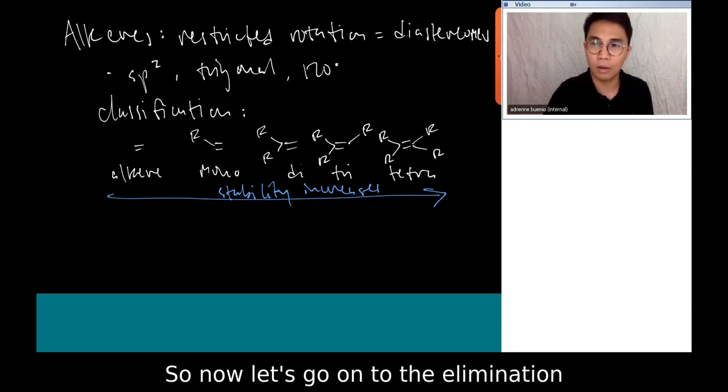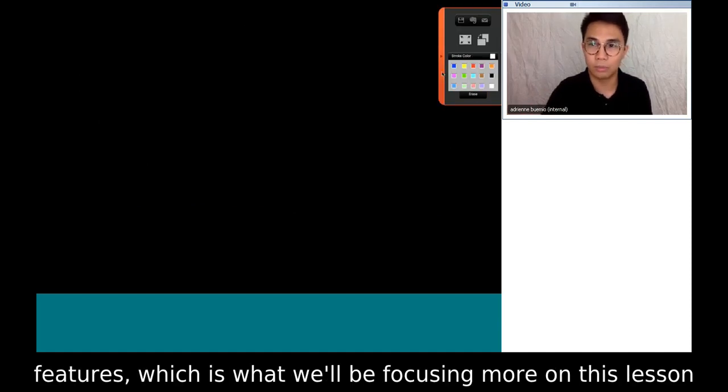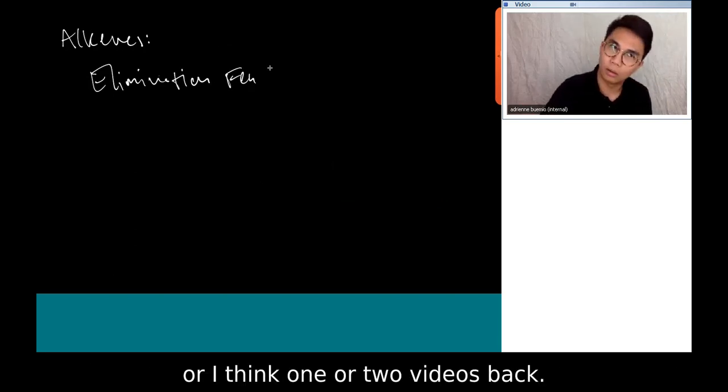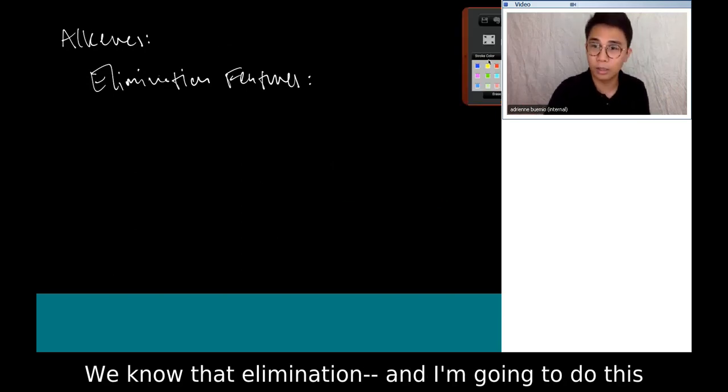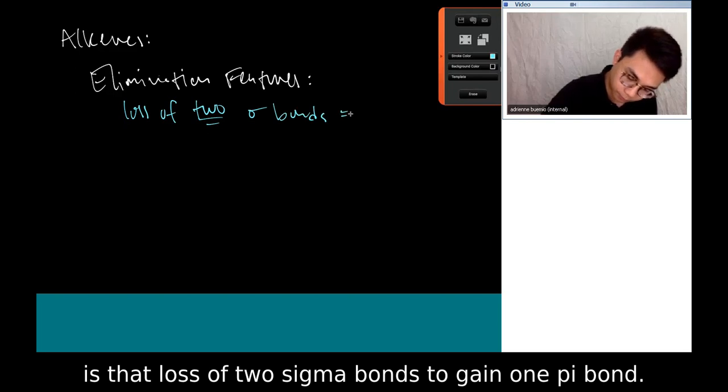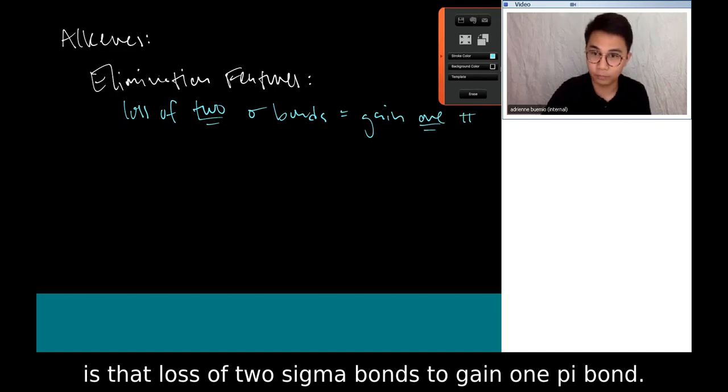So now let's go on to the elimination features, which is what we'll be focusing more on in this lesson today. From a couple videos back, we know that elimination is the loss of two sigma bonds to gain one pi bond, right?